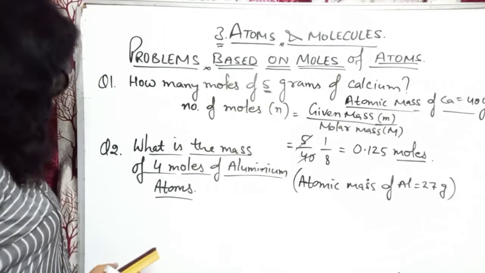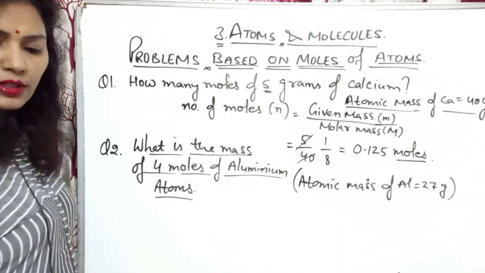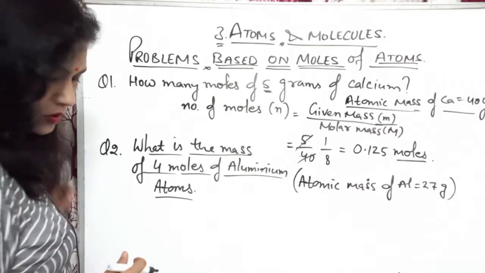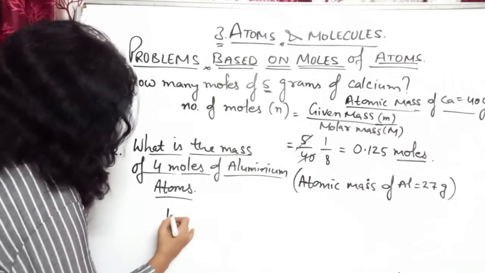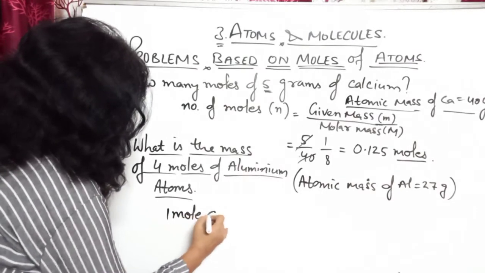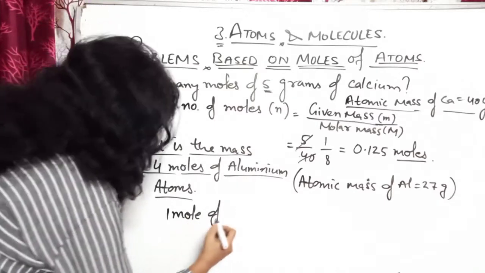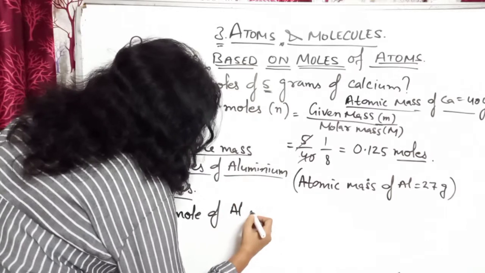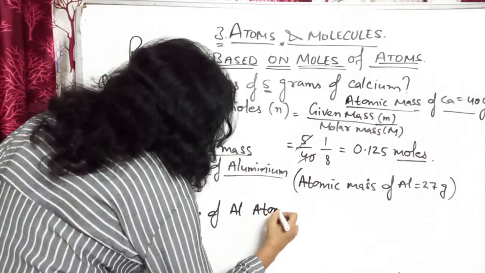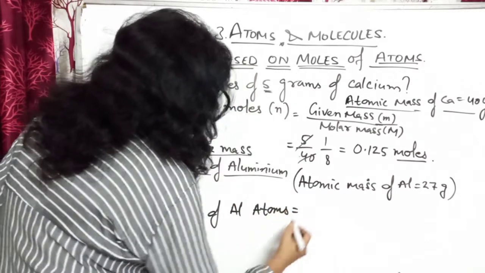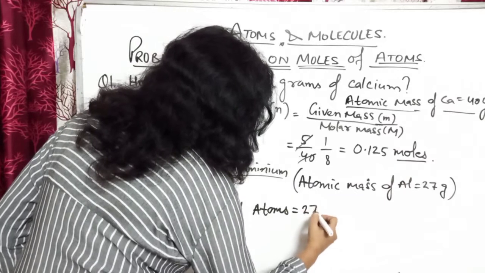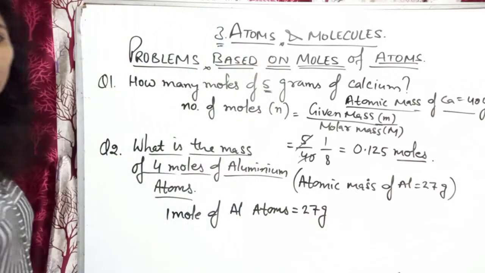Now let us solve this problem. You know that 1 mole of aluminum atoms equals 27 gram.